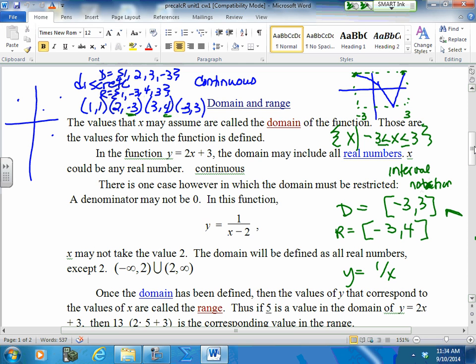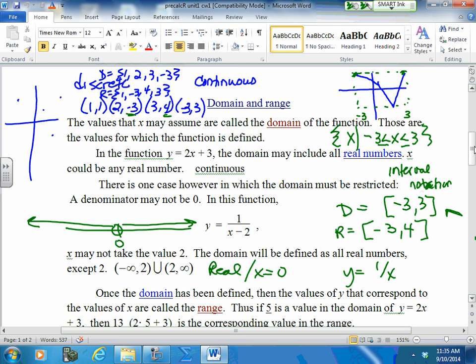Now, back when you did Algebra 2, you probably said real except when x is equal to 0. We're going to use interval notation. We're going to start with your number line, and we're going to say, can't use a 0. You can use anything this way. You can use anything this way.